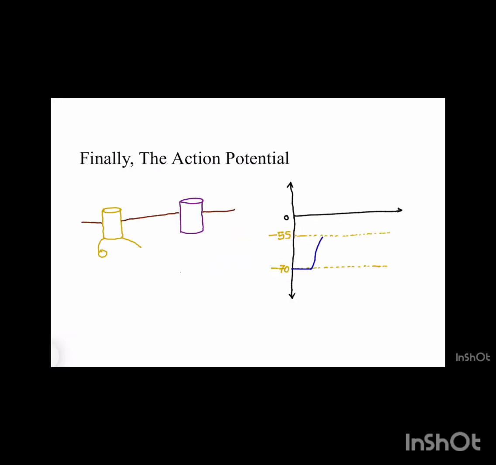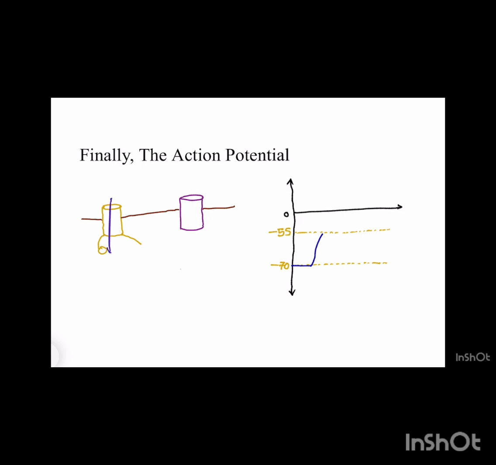So somehow we have managed to reach minus 55 millivolts, which is our threshold potential. At that point, there is a rapid influx of sodium ions inside the cell. Since there's a rapid influx, from minus 55 millivolts our potential shoots up to the peak potential. At the peak potential, what happens?